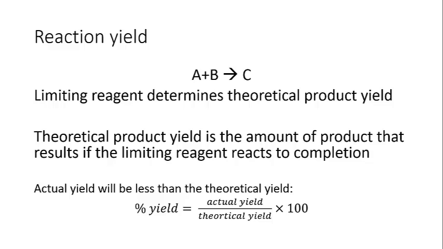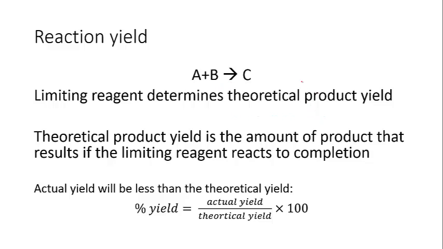Reaction yield. For a generic chemical equation like A plus B goes to C, there's an amount of limiting reagent present at the beginning of the chemical reaction. And this limiting reagent will determine the theoretical product yield.